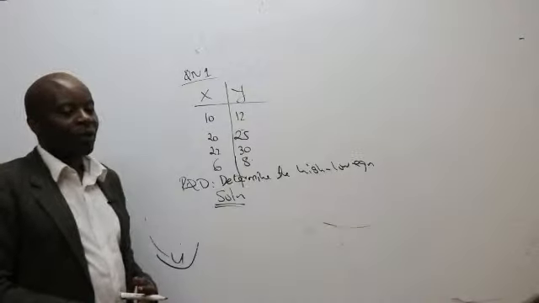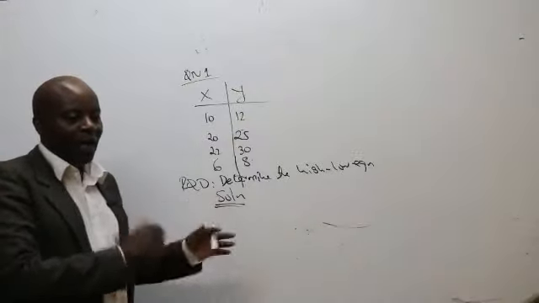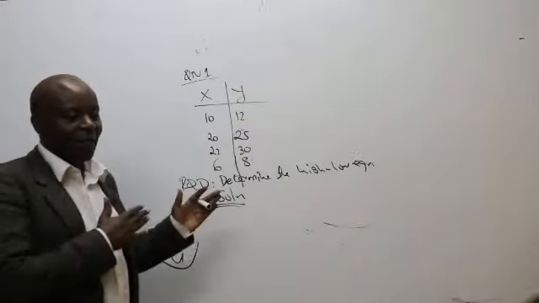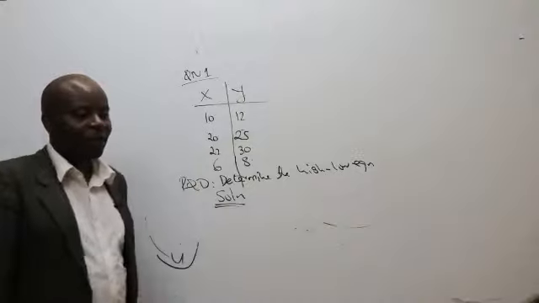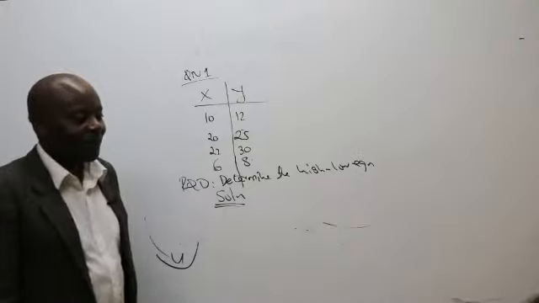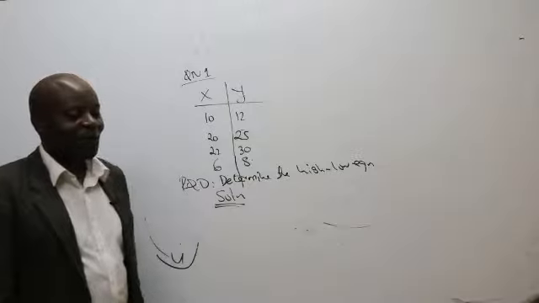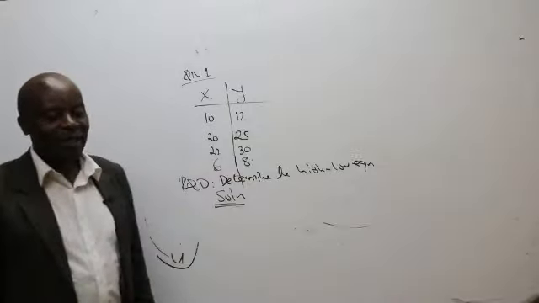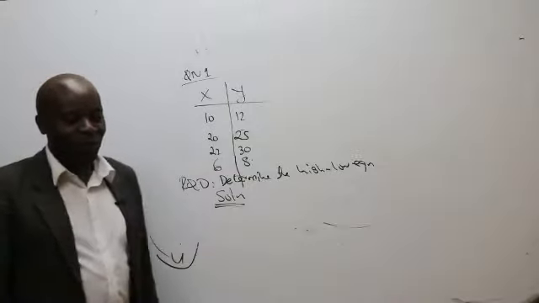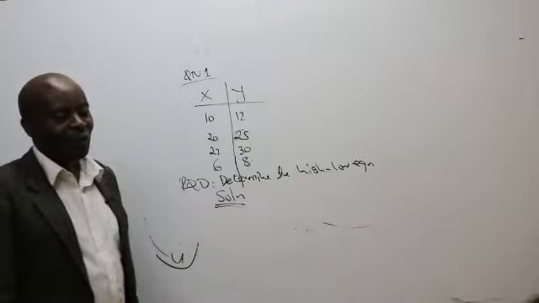Are we together here? Have we written up to here? Have we written this particular illustration? Yes or not yet? Y for yes, N for no. Yes, thank you very much.